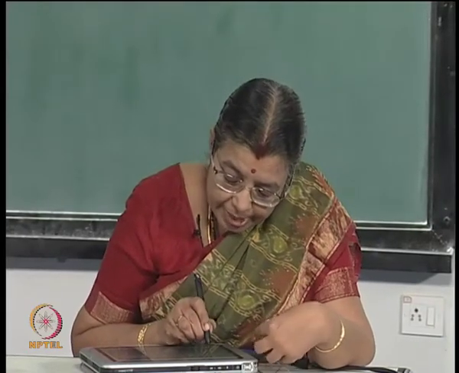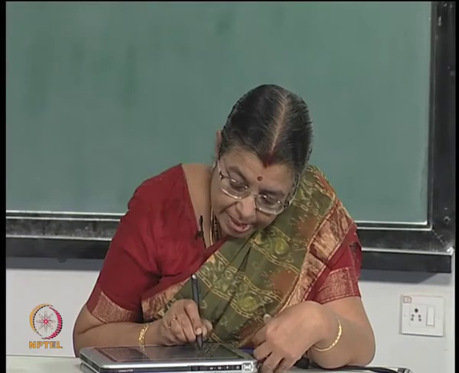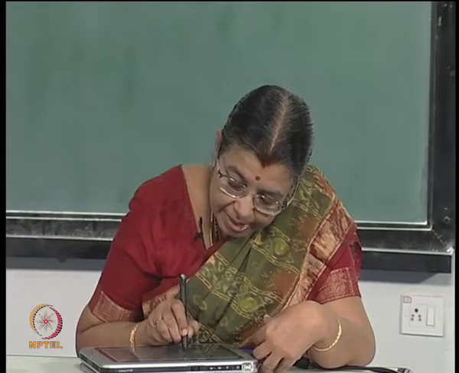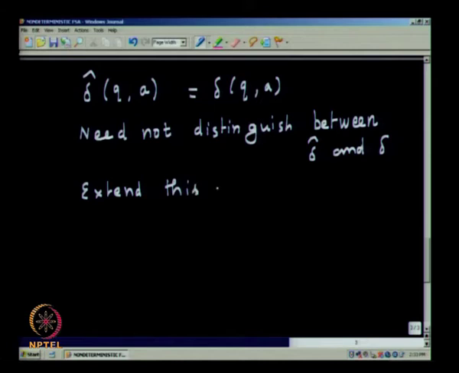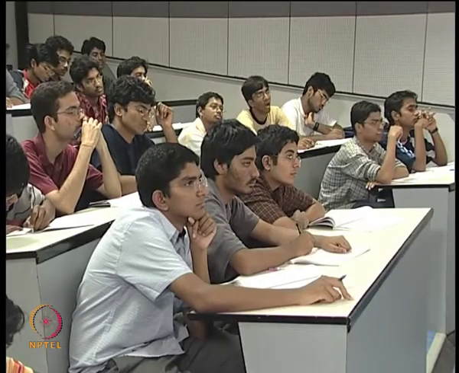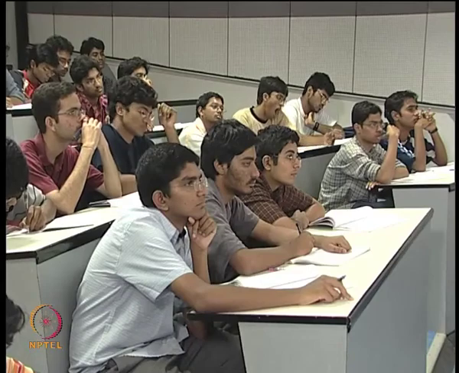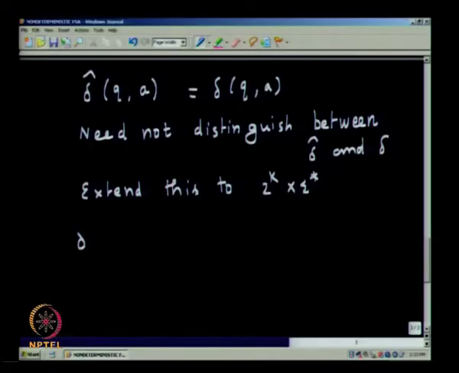Now, you can extend this to 2 power k into sigma star map, that is we can say that delta of P comma a is a single symbol, P is a set of states.